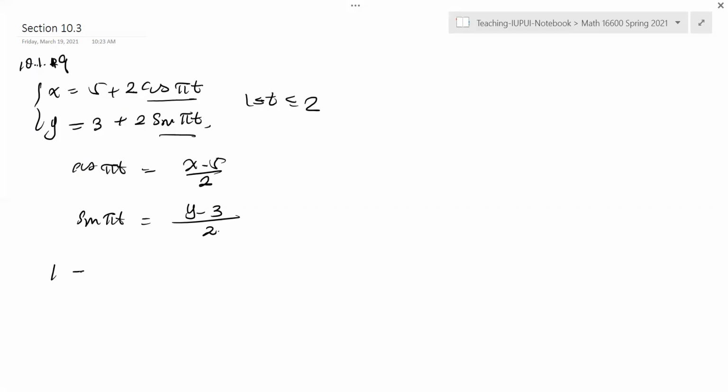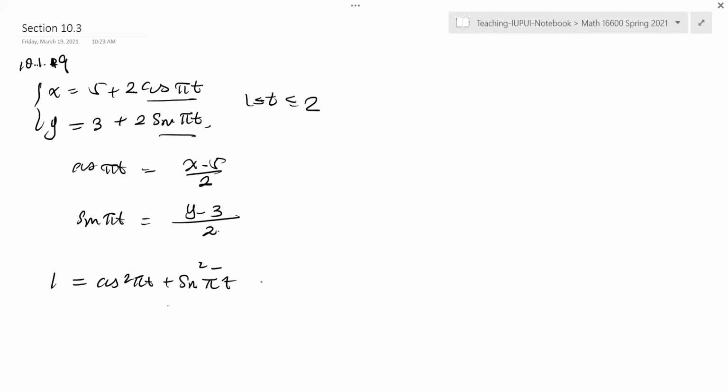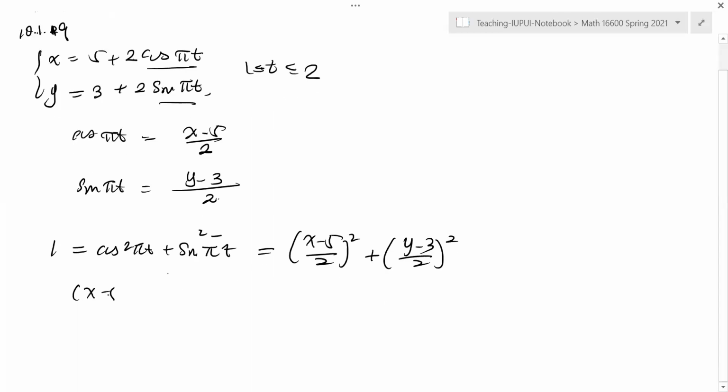Therefore, squaring them, they equal 1. So then you have ((x minus 5) over 2) squared plus ((y minus 3) over 2) squared equals 1. So you can rewrite that equation.